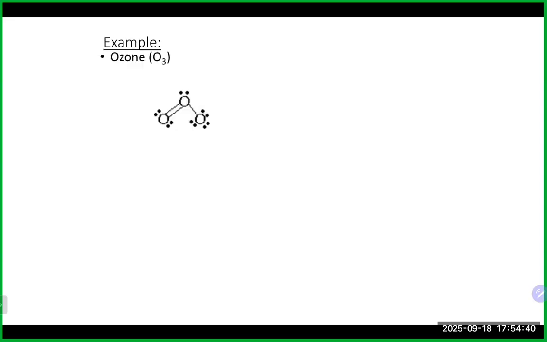And if we were going to calculate the formal charge for each of the oxygens that are present, we'll call this oxygen 1, oxygen 2, and we'll call that oxygen 3. So if we do it for oxygen number 1 there, oxygen has 6 valence electrons. For oxygen number 1, there are 4 non-bonding electrons, minus 1/2 the number of bonding electrons.